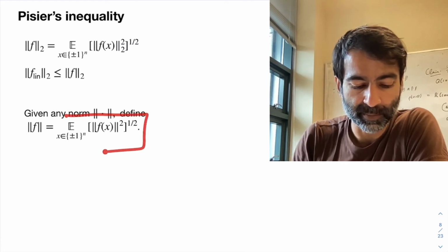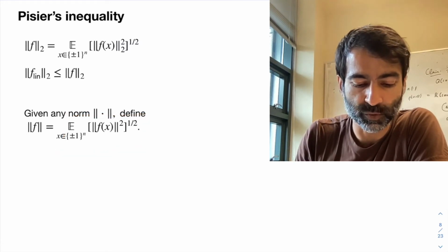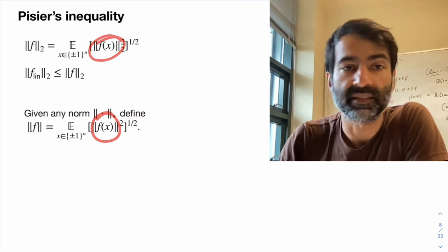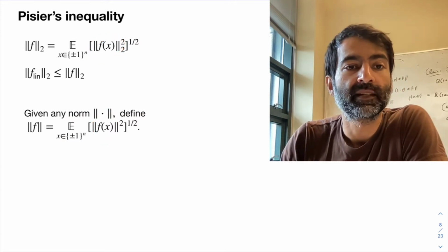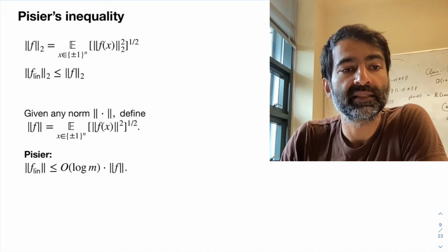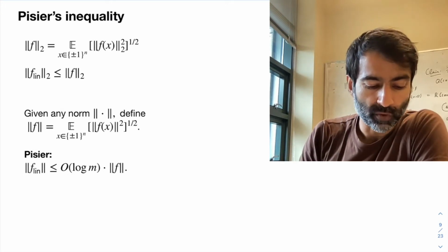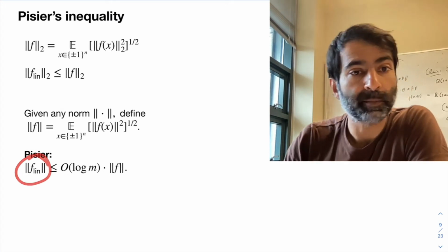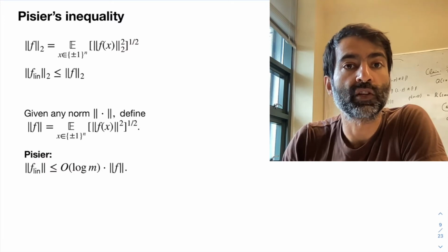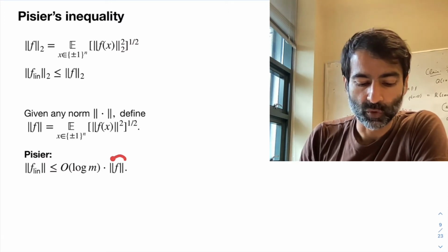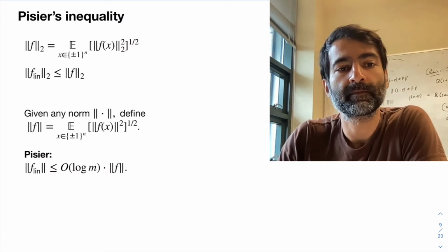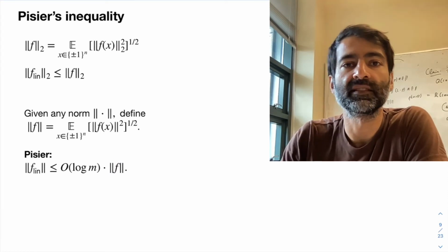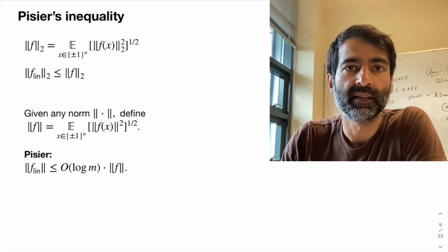It has the same expression as the 2 norm, except I replaced the 2 norm here by some arbitrary norm. And then what Pisier's inequality says is the norm of the linear part of f is bounded by order log m times the norm of f. So that's the result that we're going to prove.